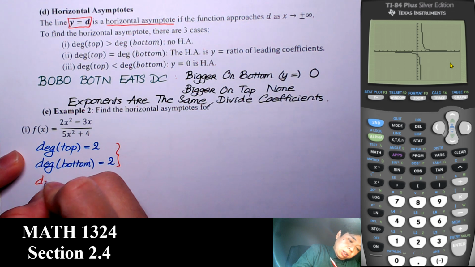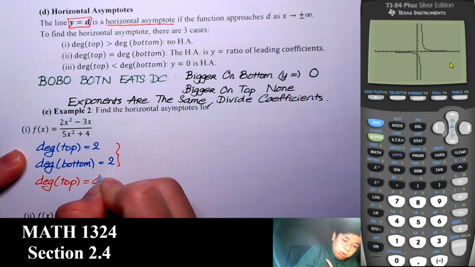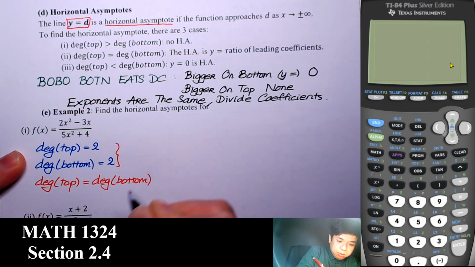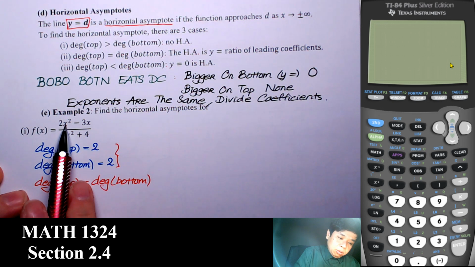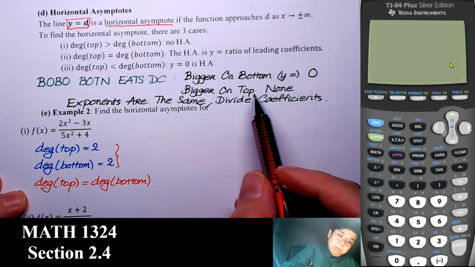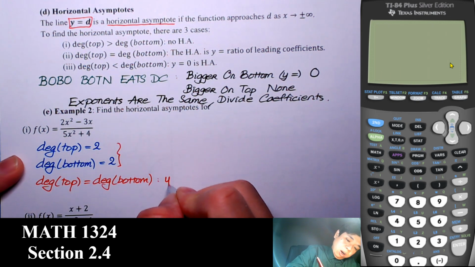So we have degree on top equal to degree at the bottom. In that case we divide the coefficients, so we just divide the highest terms.